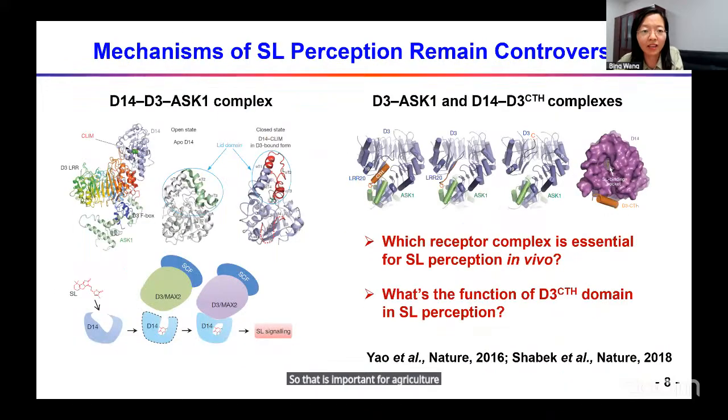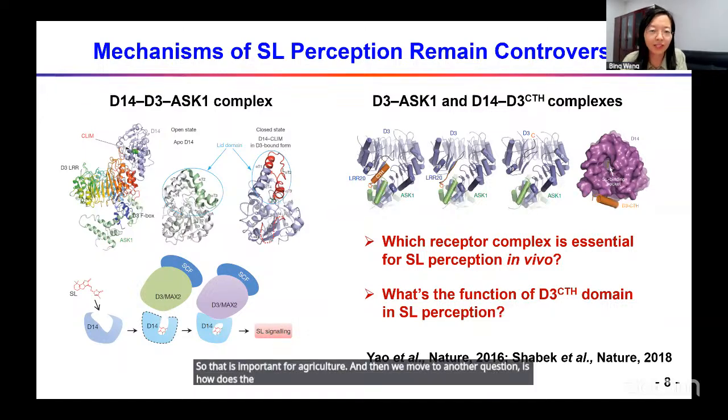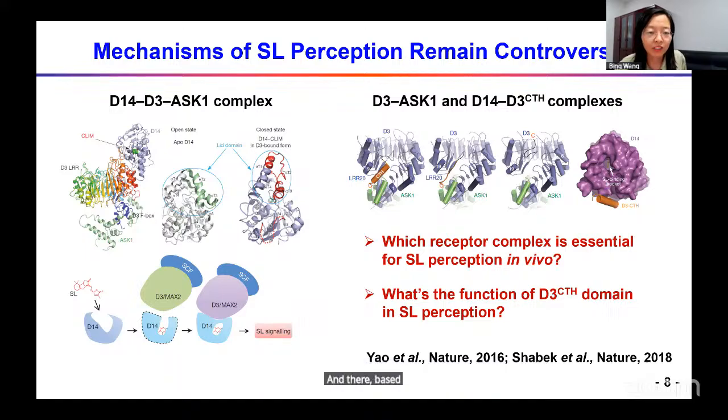And then we move to another question: how is the hormone perceived? Although the receptor was identified in 2009, the perception mechanism remains controversial. Based on structure analysis, scientists have identified two complexes.